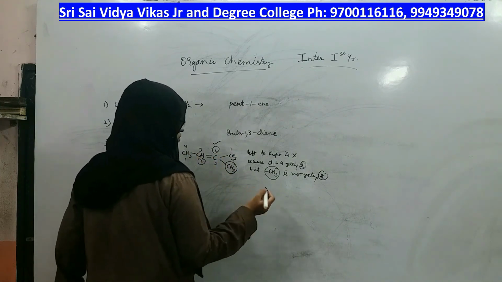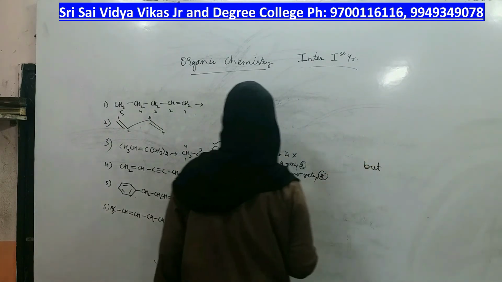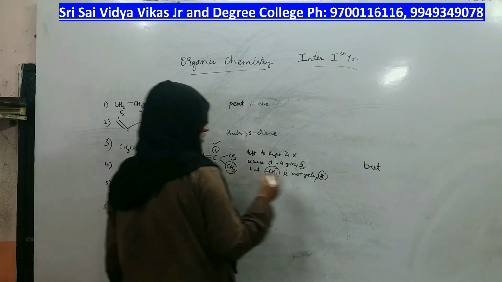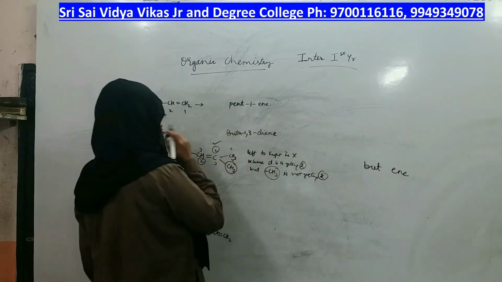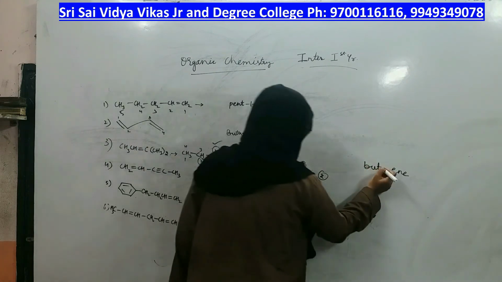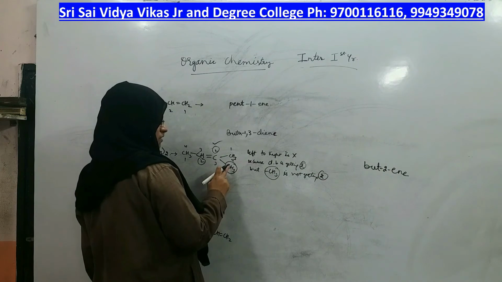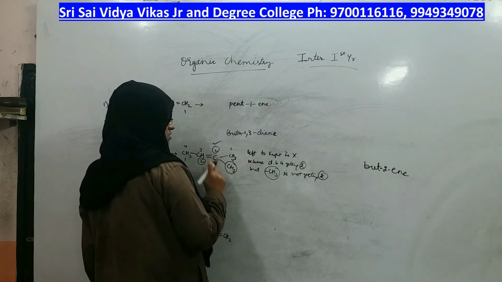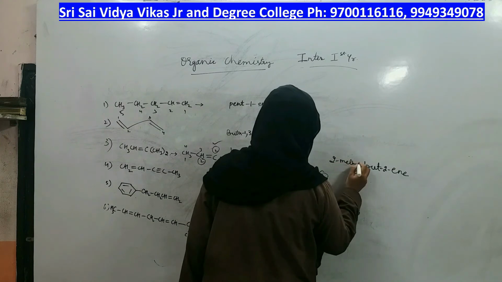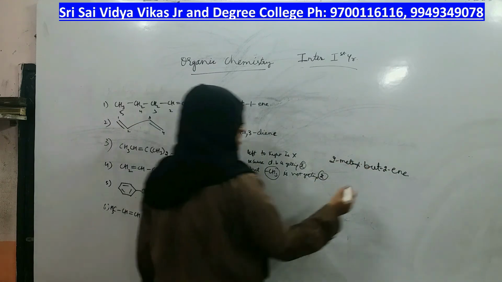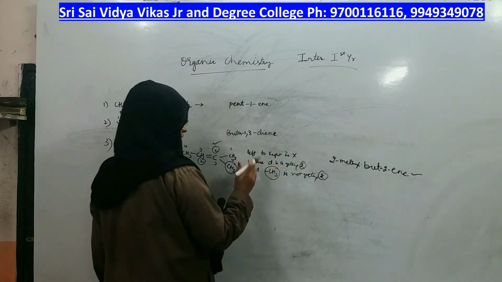What should be the root word? The root word should be but. How many double bonds are there? Only one. So its name should be butene. Where is the double bond? The double bond is present on the second carbon. So you should write 2-butene. A substituent is present, right? What is the substituent? Methyl. Where is it present? 2-methylbut-2-ene. That is the correct name when I follow right to left.